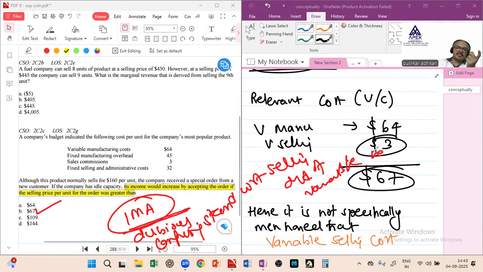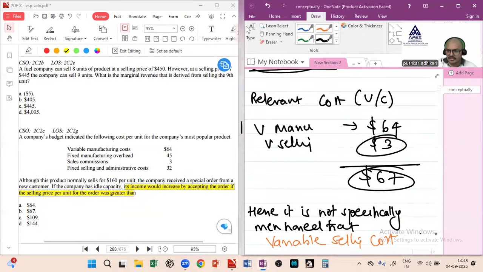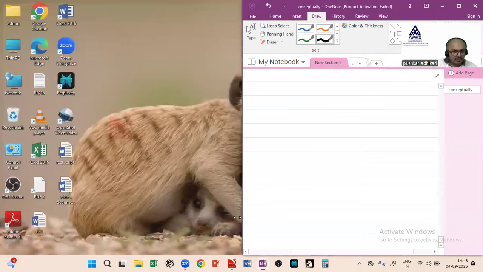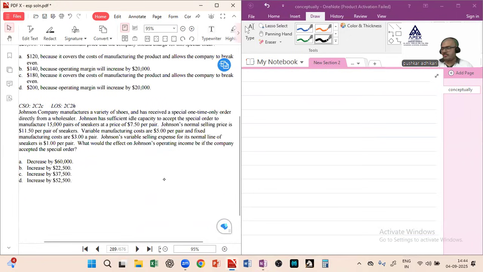This has to be clarified, and this aspect will form the next part of our conversation, because these costs are horribly confusing in your exams, and thankfully questions 45 and 46 have come our way. They are flashpoint questions, so we have to take 45 and 46 into consideration. Now let's take question number 45.